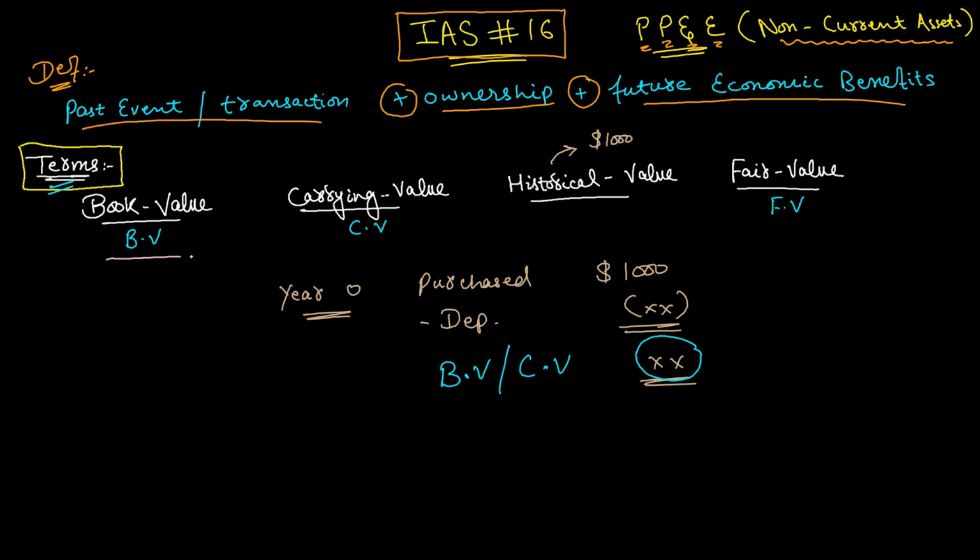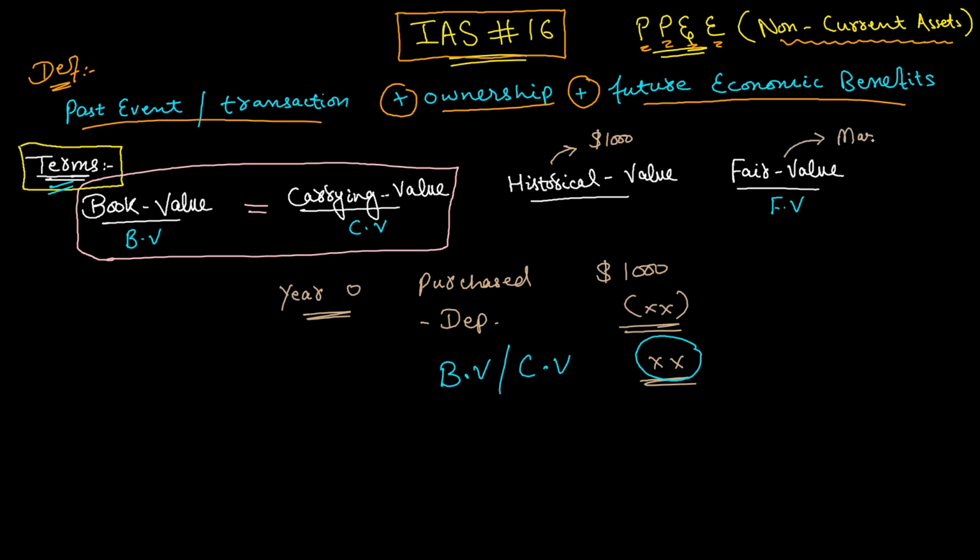So that means both of them are exactly the same thing. Now let's say after 1 or 2 years you want to sell this asset, then you may require a market value at which you can sell it, and that market value will be known as the fair value of the asset.